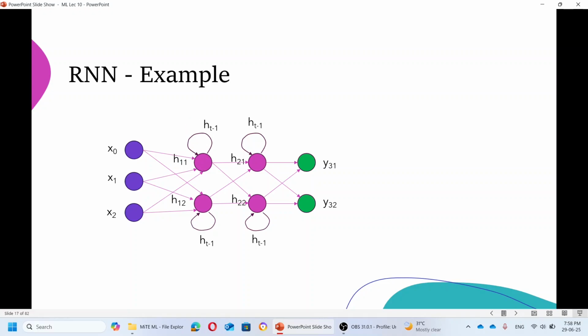We should have 3 weights, one weight for each input: the first weight for x0, the second for x1, and the third for x2. And WHH is simply the weight which we multiply with HT minus 1, meaning the previous value of h. It will give us two outputs. One will be placed over here, the other one here. And you can see that the output of each layer becomes the input of the next layer. So the output of the first hidden layer will be the input of the next hidden layer.